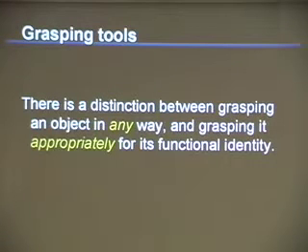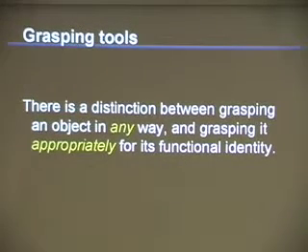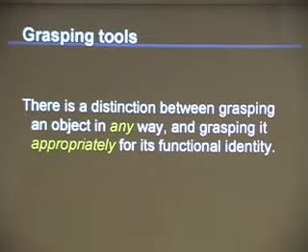So we concluded that there's a distinction between grasping an object in any way, which could be performed by the visual motor system alone, because these subjects still could grasp the objects. They weren't reaching in the wrong place, and they weren't dropping them, but they weren't grasping them appropriately by the handle. But grasping appropriately is something different that requires inputs from a more cognitive or knowledge-based system.